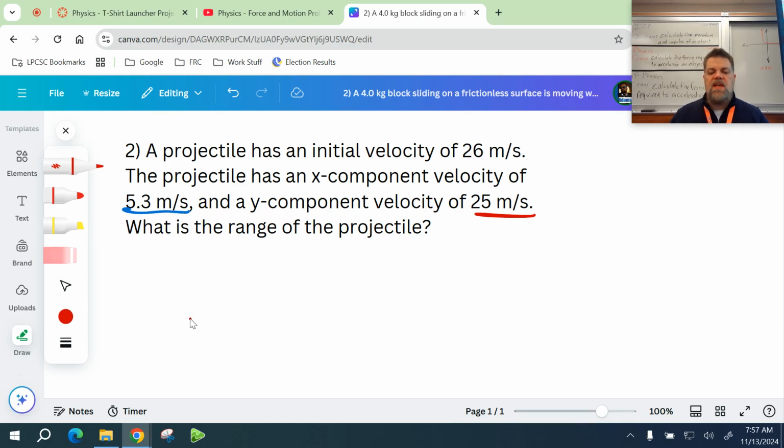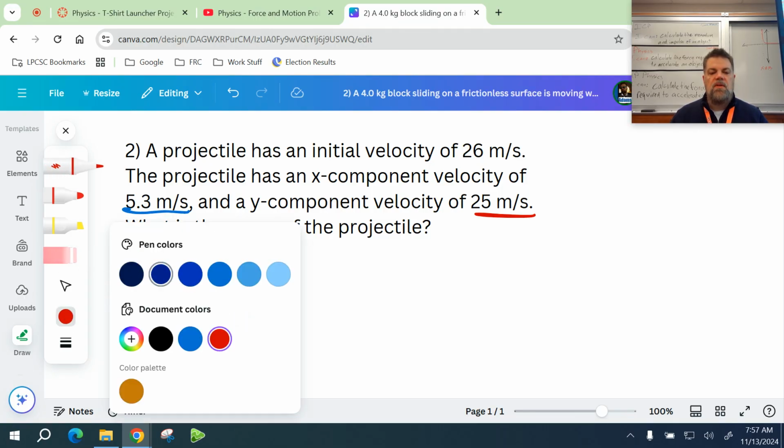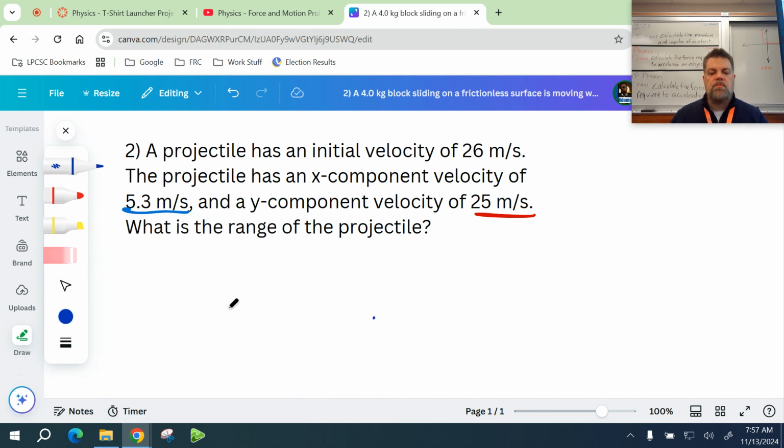So what they're saying is, whoops, I did that wrong already. I have the x component of this velocity is 5.3 meters per second. So that's the initial velocity in the x direction.